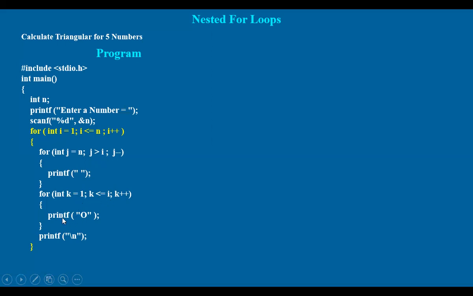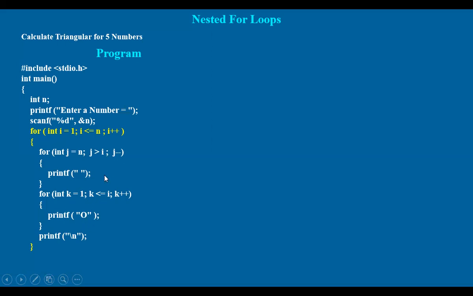So we are going to run this inner loop 2 times. When it has come to this position, k is initialized as 1 and the I value is 2 now. So this loop continues for 2 times. 0 is printed 2 times. So we have 3 spaces and 2 zeros.